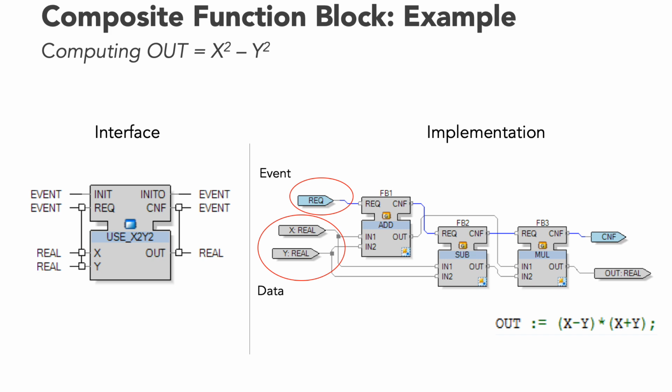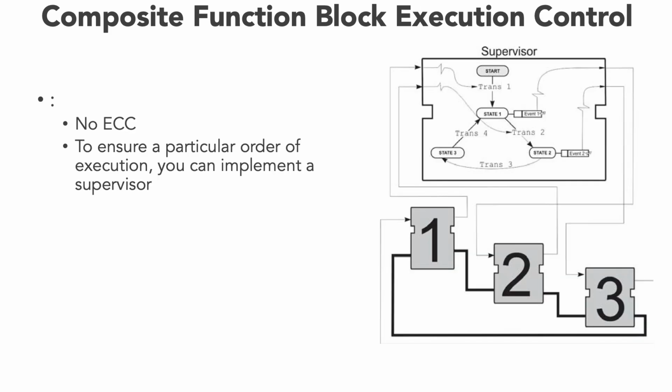So how does it work? When the REQ input event arrives at the input of the block. In the composite function block, we don't have any explicit execution control, no execution control chart.